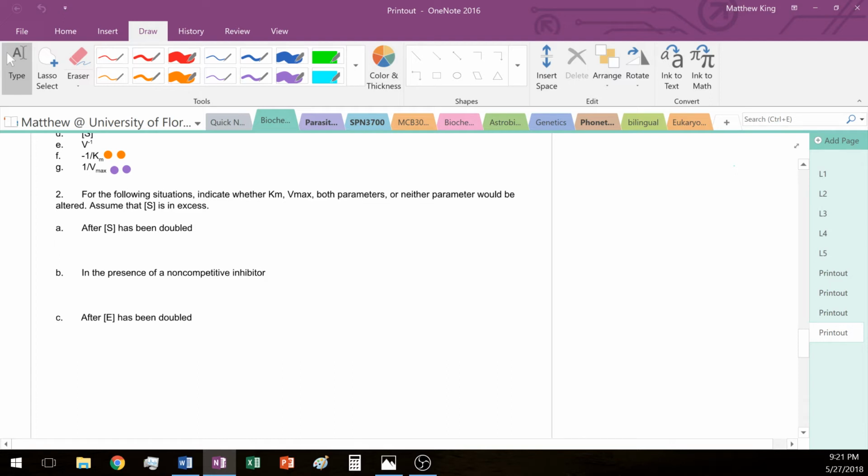So we want to say for the following situations, indicate whether Km, Vmax, both parameters or neither parameter would be altered. And what makes this problem a little bit tricky, this is already kind of a trick question that we're throwing at you: assume that substrate concentration is in excess.